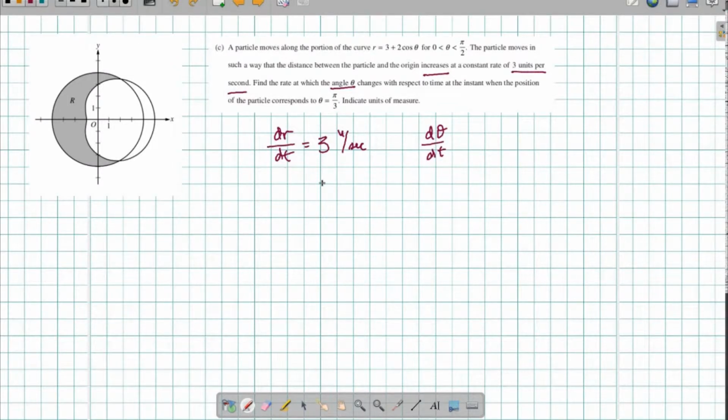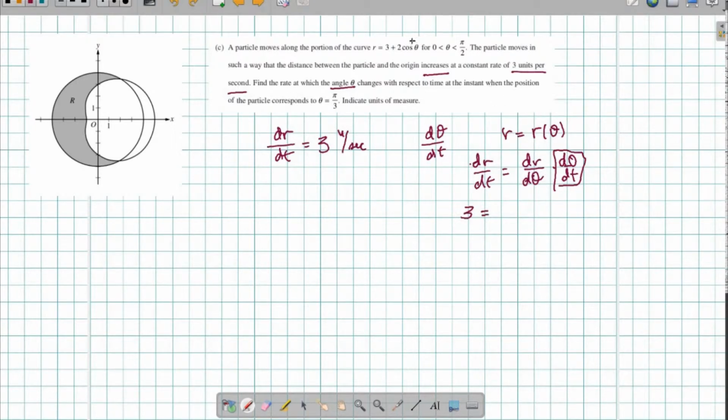If I look at this, I know r is some function of theta, and I want to know the rate of change of theta with respect to t. So I could say, using the chain rule, that dr dt has got to be equal to dr d theta times d theta dt, and this is the quantity that I'm trying to find. I know that dr dt is 3.